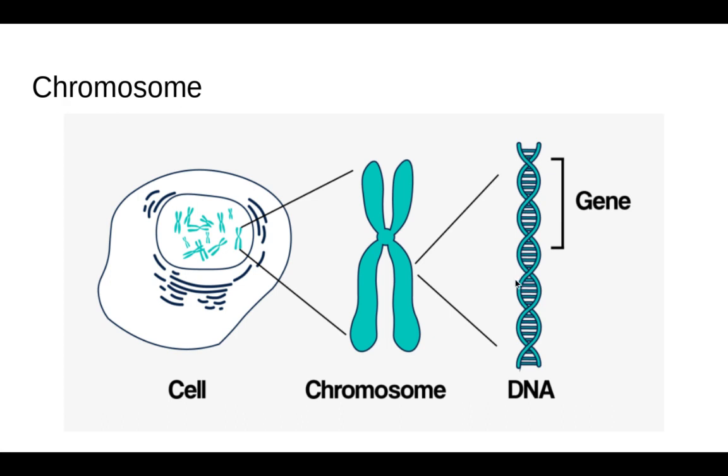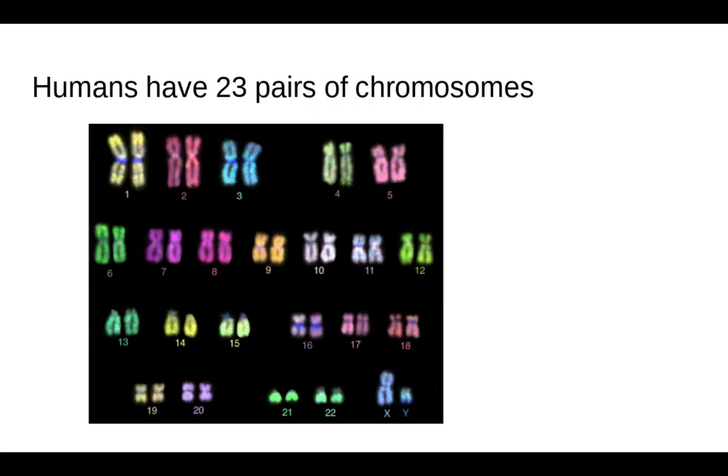You've got this long DNA, it's packaged into the chromosome. And a piece of that DNA we call a gene. And that gene gives you information for a part of your body. Could be the shape of your nose, the color of your eyes, the style of your hair, the color of your hair. Now, humans have 23 pairs of chromosomes.